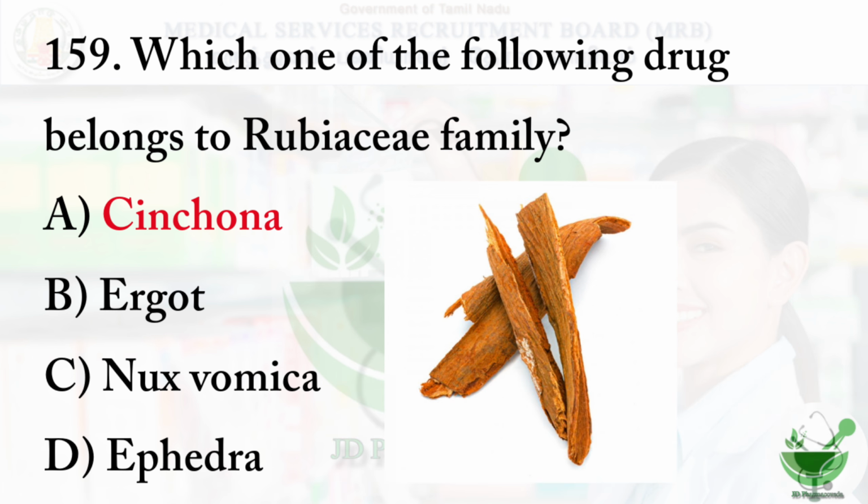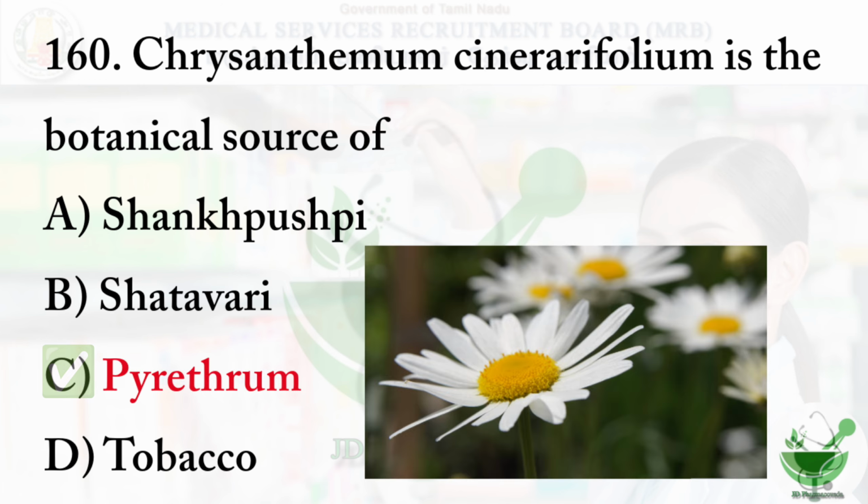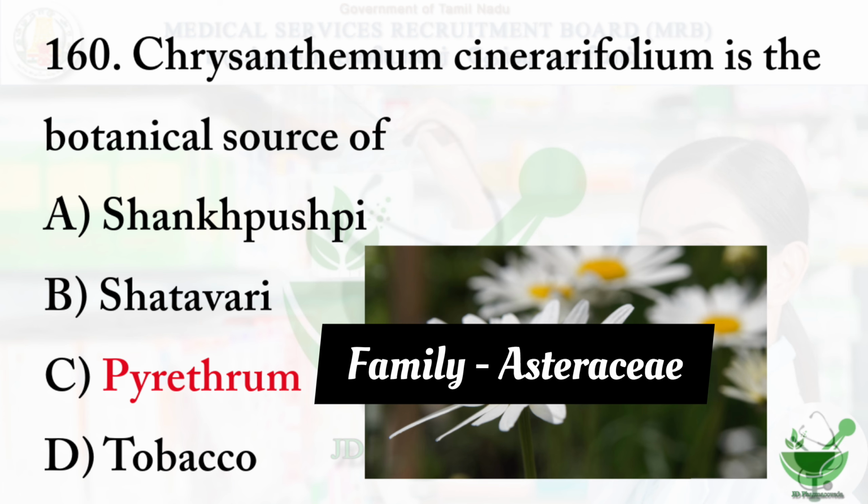Then question number 160. Chrysanthemum cinerariifolium is the botanical source of: option A, shankhpushpi; option B, shatavari; option C, pyrethrum; and option D, tobacco. So the right option is option C, pyrethrum. Its source is Chrysanthemum cinerariifolium, and its family is Asteraceae.